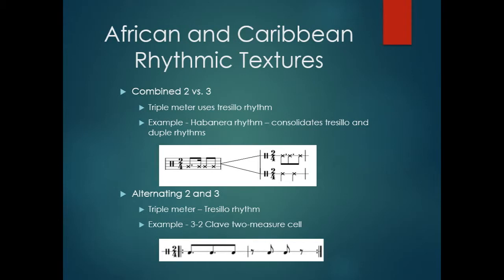So the habanera rhythm takes the tresillo rhythm and then adds a duple rhythm to it. So in that sense, the habanera rhythm can support both triple and duple rhythms using the tresillo rhythm for the triple division. So we can also alternate 2 and 3. In Caribbean music, it's quite common to have the 2-measure scale. So here, for the example, it's a 3/2 clave 2-measure scale.